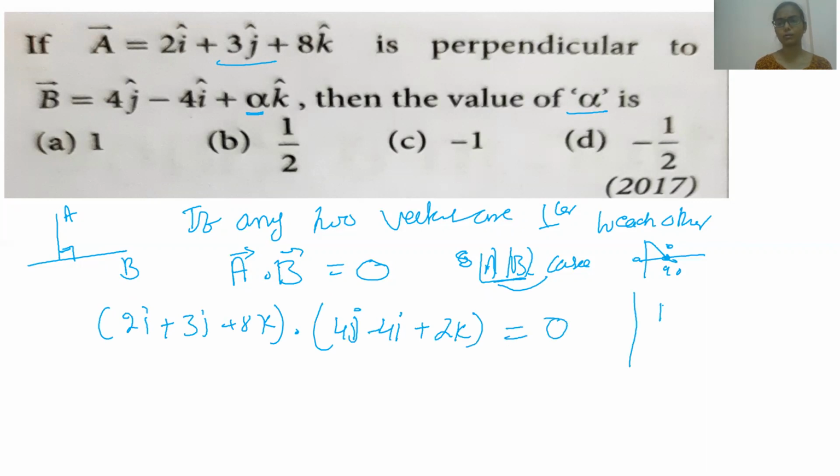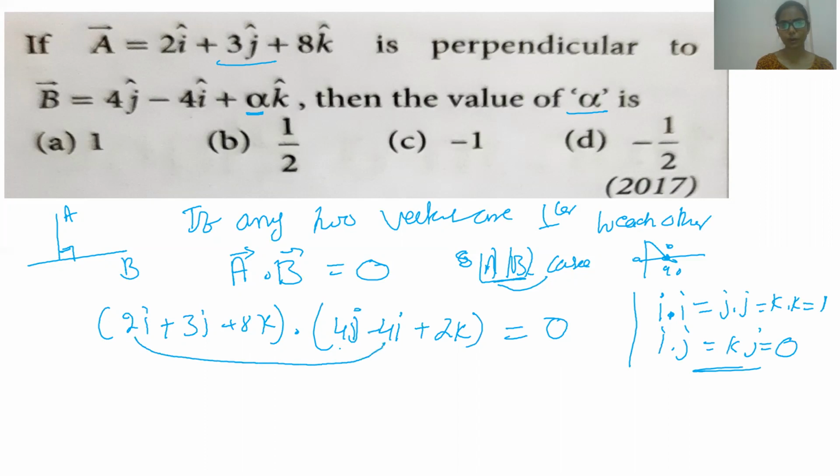To do the dot product, you know the relation that i dot i equals j dot j equals k dot k, and that equals 1. If the same unit vectors are there, it gives you 1. If it is other than that, like i dot j or k dot j, it will give you 0. So we can multiply this with only i, and this with only j.